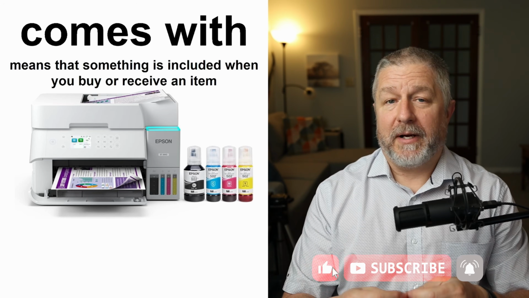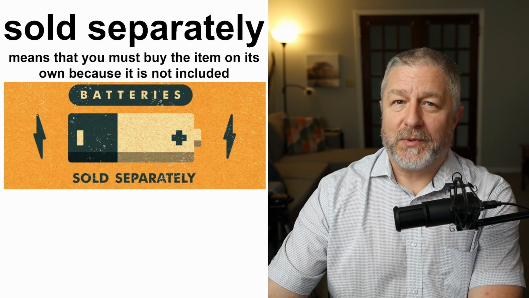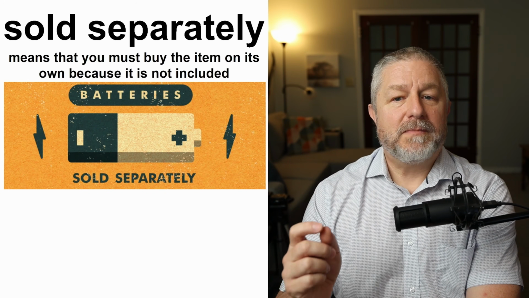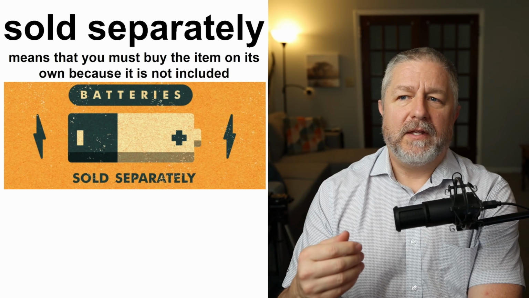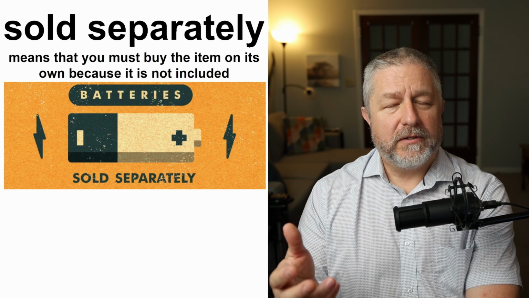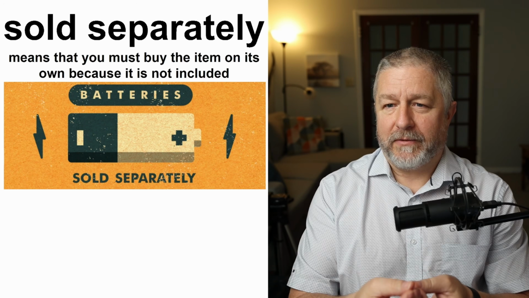When you buy something, it might say it comes with batteries, which is nice because usually batteries are sold separately. When something's sold separately, it means that you must buy the item on its own because it is not included. This has changed a little bit, I think, over the last few years. Most things you buy actually have rechargeable batteries now.